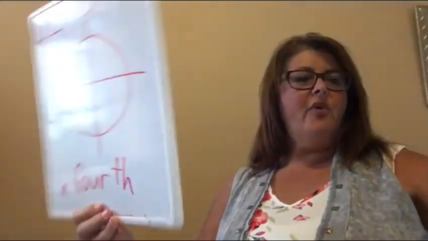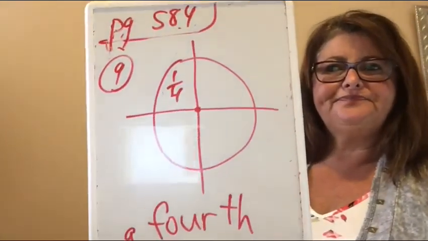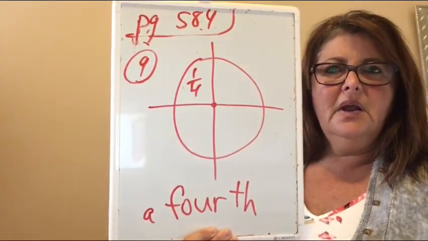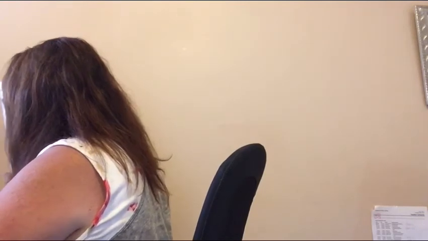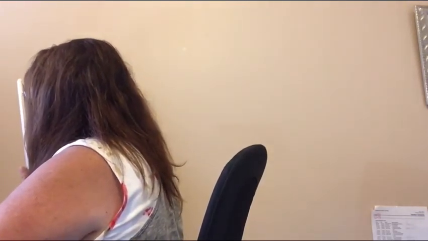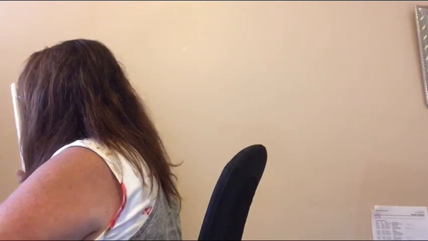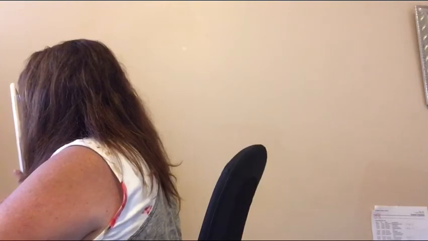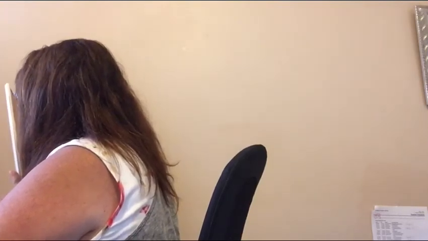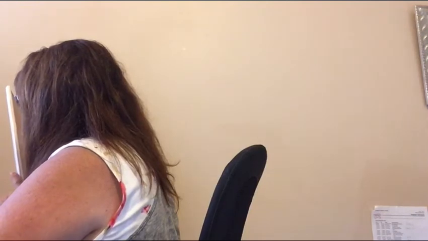If you're going to break a watermelon or a pizza pie into 4 equal pieces, how would you break it into 4 equal pieces? You will make 4 equal pieces, so everyone will get 1/4 of the whole. 1/4, 1/4, 1/4. 1 piece out of all 4 pieces.